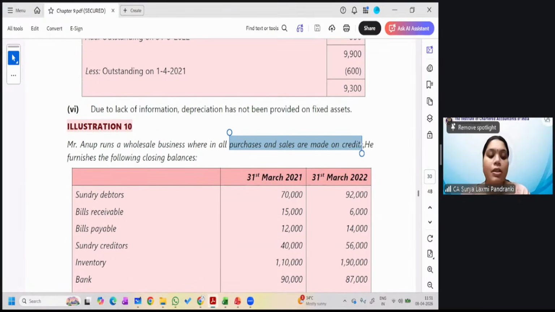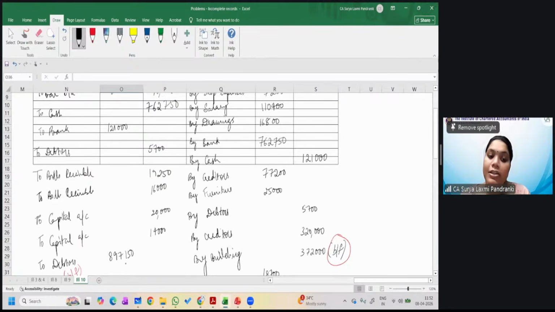If this sentence was not there, then there is a chance that this can be cash sales also. It can be a cash sale or it can be a cash payment received from the customer. But now that they clearly told that there are no cash sales, it is only credit, you are assuming this entire 8,97,150 as the payment received from the customer. Clear?